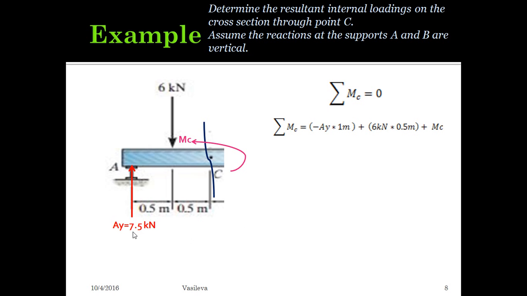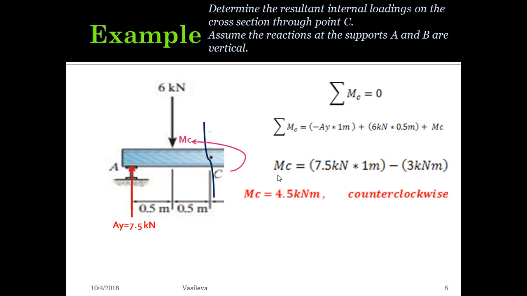Then I have AY, which would cause a clockwise rotation, so it's negative AY times 1 meter plus 6 kilonewtons because it's counterclockwise times 0.5 meters. So this way I end up solving for MC, and MC equals 7.5 kilonewtons times meters. And because it's positive, it means that the way I drew it is correct. So it's 4.5 kilonewton meters counterclockwise.